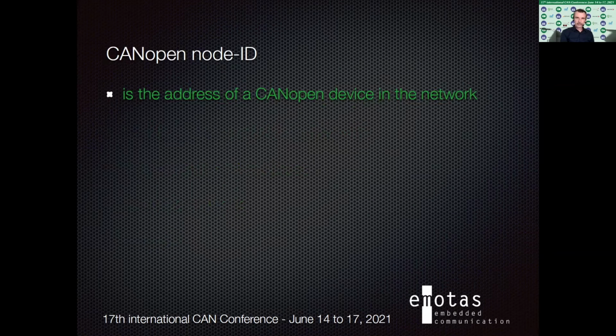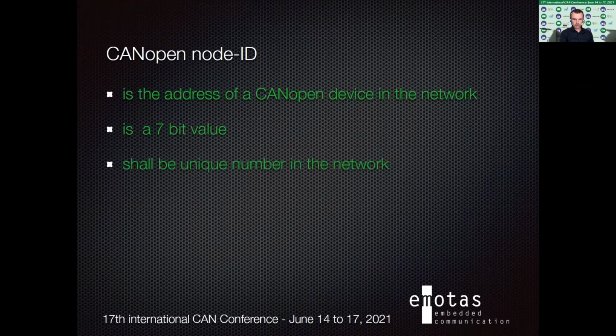A CANopen node ID is actually the address of a CANopen device in the network. It has to be unique in the network, and it is a 7-bit value, which means that the node ID can only go up to the number 127, and it starts at number 1, so 0 is forbidden. So you can only have 127 devices in one network.